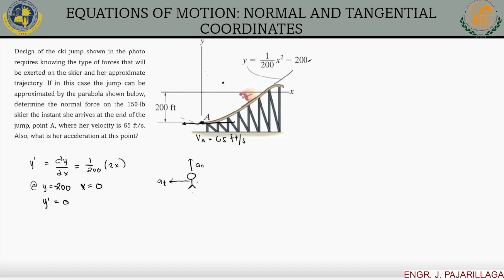So, we have here the weight, nag-a-act sa kanya yung weight niya, which is equivalent to mg, and yung ating normal force. Okay? Ano pa? Wala na. Yun lang yung nag-a-act sa kanya.